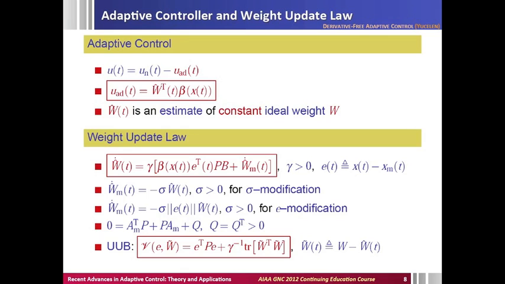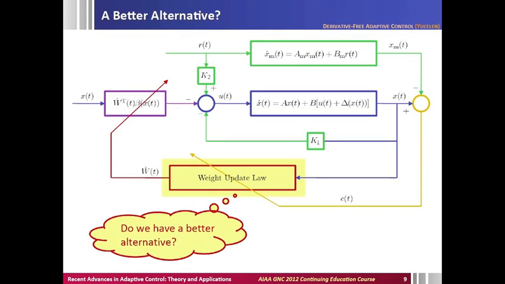Here I am using scalar adaptation gain. Actually, it doesn't make a big difference. So, if we want to extend from this assumption to this relaxation, we need a different weight update law in order to handle this continuous variation in the ideal weight. So the question is, do we have a better alternative for this purpose?